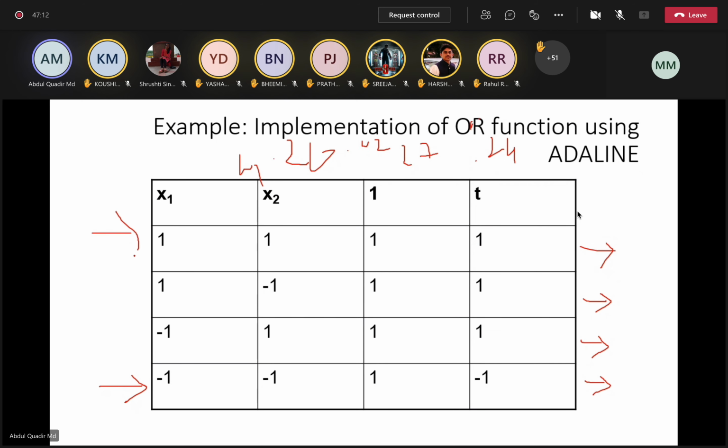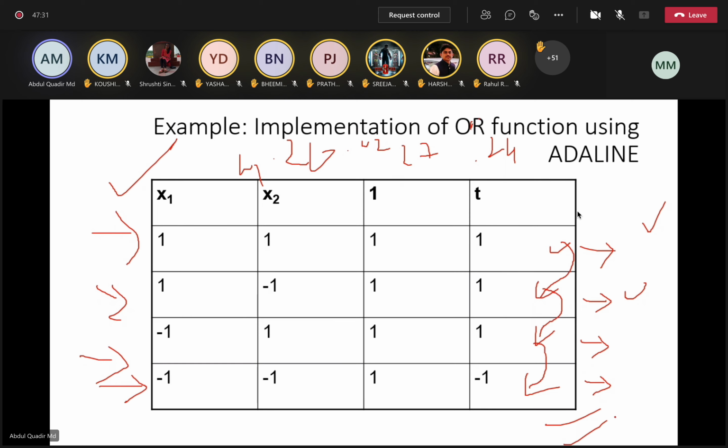Then I will put them in and run it, and I will get an error. Again I will put it in, because the weights will be updated and carried forward. So this will be my second iteration.